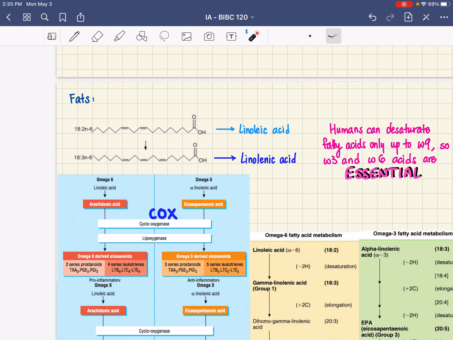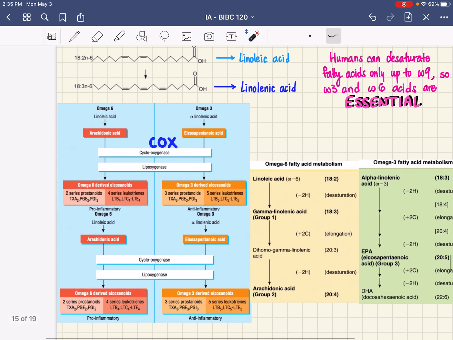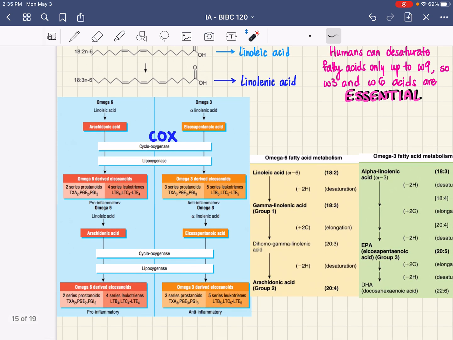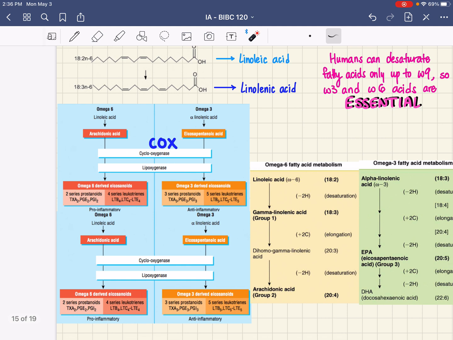Linoleic, linolenic. I think I've made a mistake here. This is not linolenic because linolenic should be an omega-3 fatty acid. Yeah, scratch that.